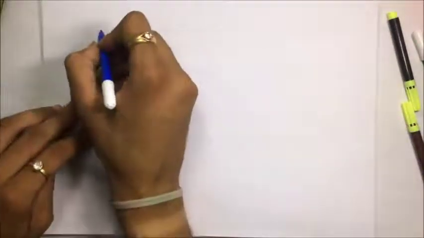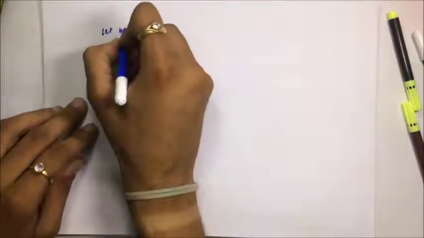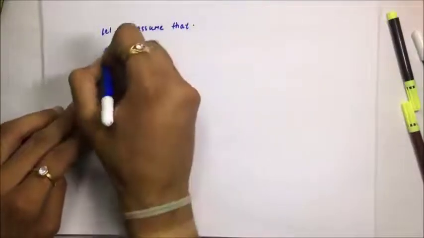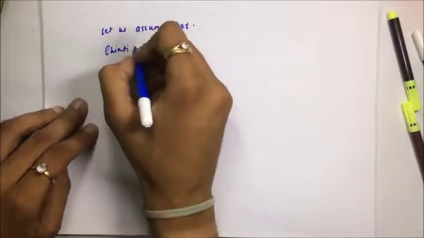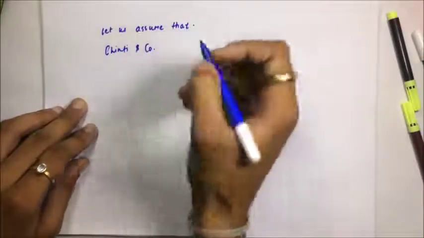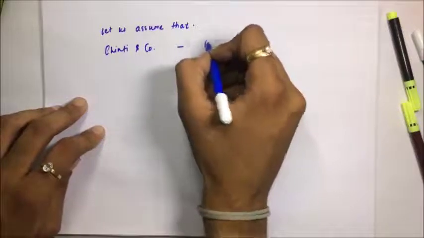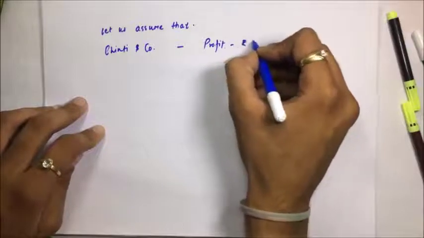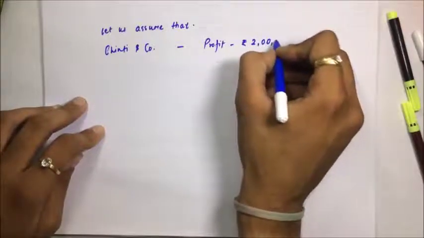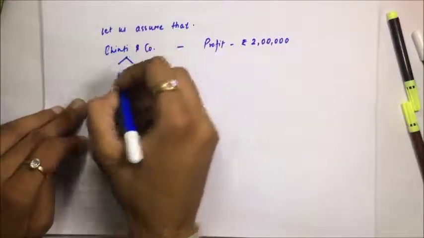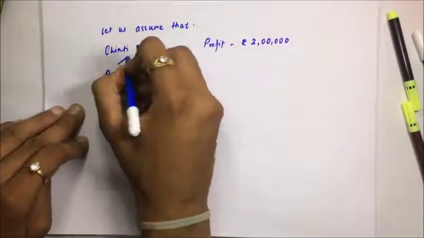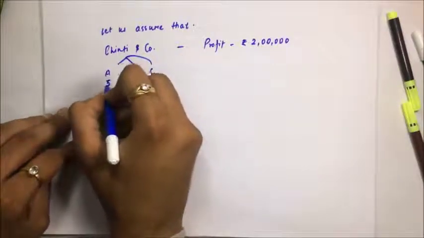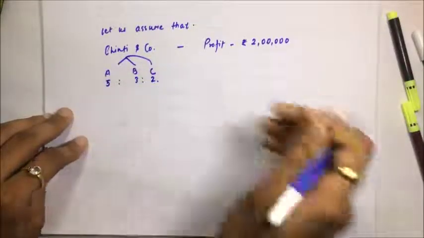Let us assume that Chinti and Company has a profit of rupees 2 lakh. In Chinti and Company, A, B and C are partners with a profit sharing ratio of 5:3:2.